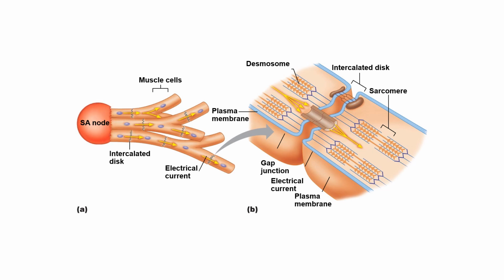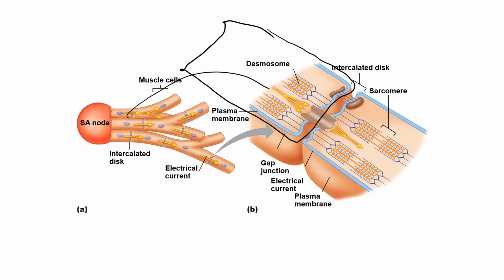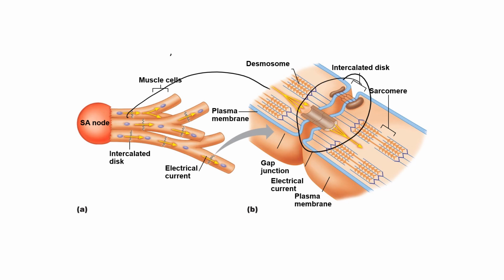Now, how are they attached to one another? They're attached to each other through what are called intercalated discs. If you look over here on the right, what you're seeing is one cardiac muscle fiber, and that cardiac muscle fiber is actually attached to another cardiac muscle fiber. The way that they're attached to each other is through what's called an intercalated disc.